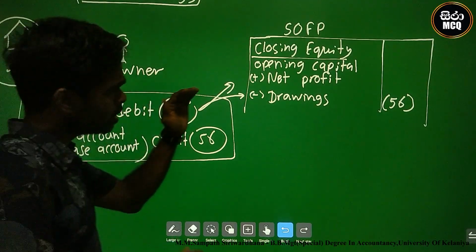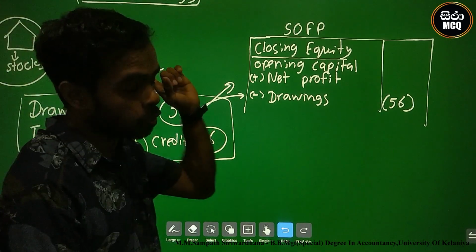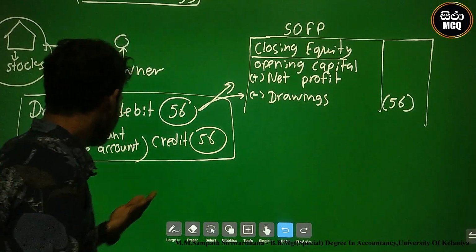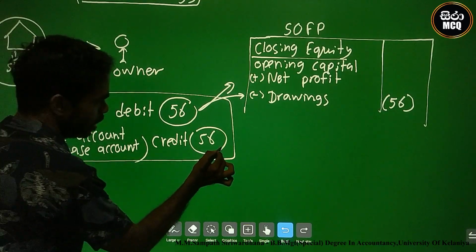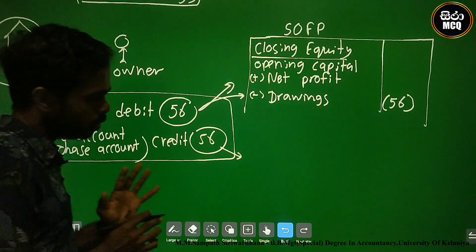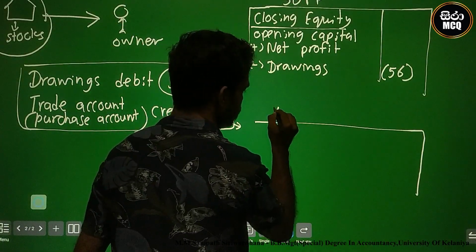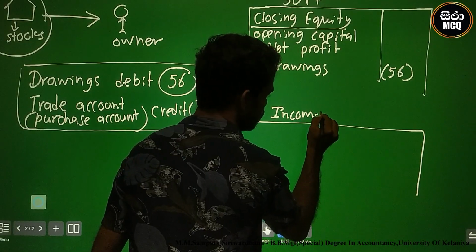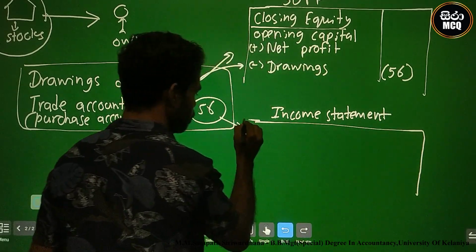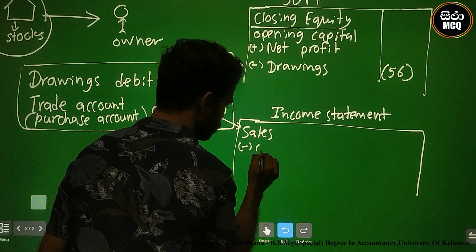There is no impact of the debit side on the income statement. Why? Because it goes to the statement of financial position. Therefore, I go to the other side: the trade account, which means the purchase account. In the income statement, the elements are sales minus cost of sales.